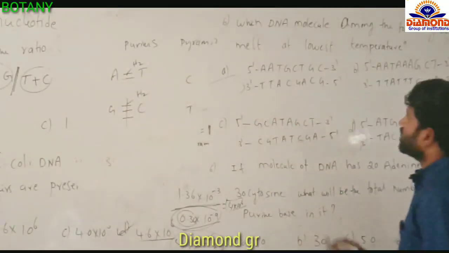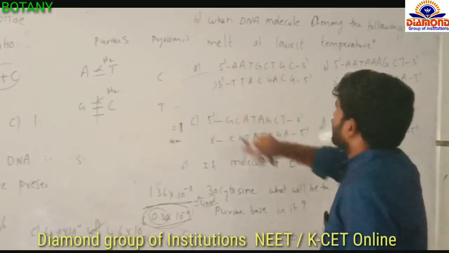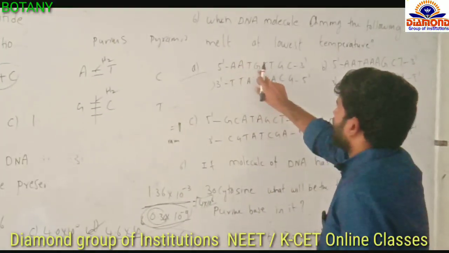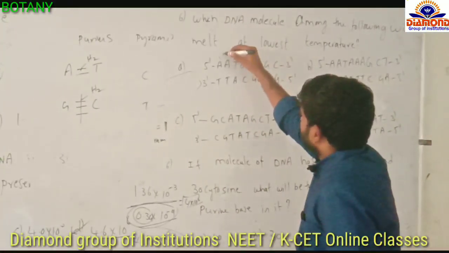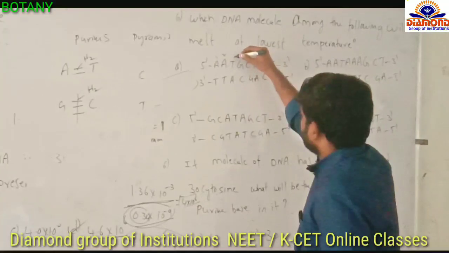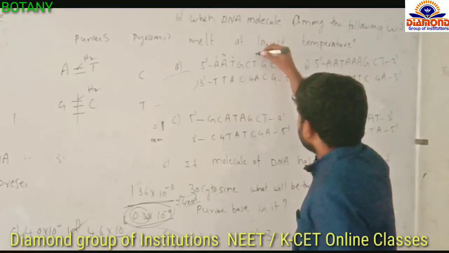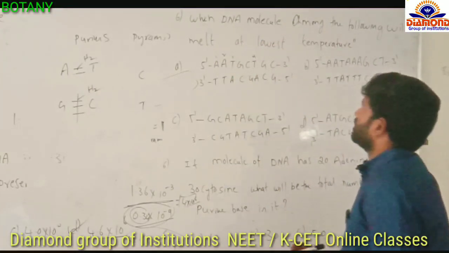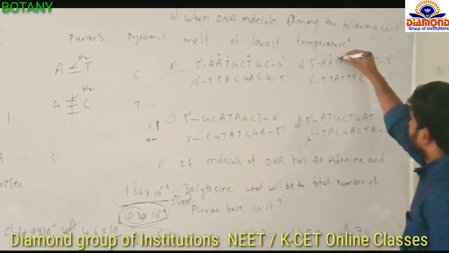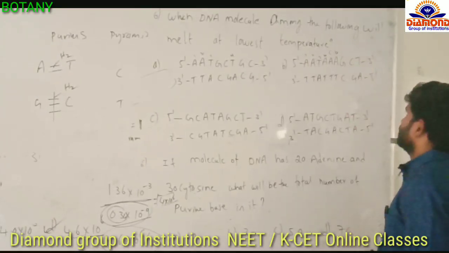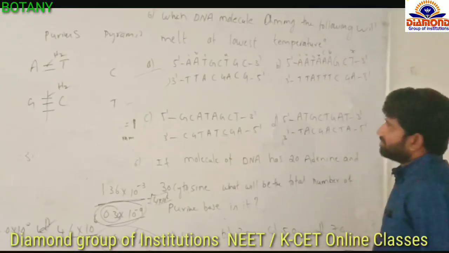So now see option A. It contains adenine, thymine, guanine, thymine, guanine, and cytosine, with adenine-thymine number 4. Option B has 1, 2, 3, 4, 5, 6, and 7.